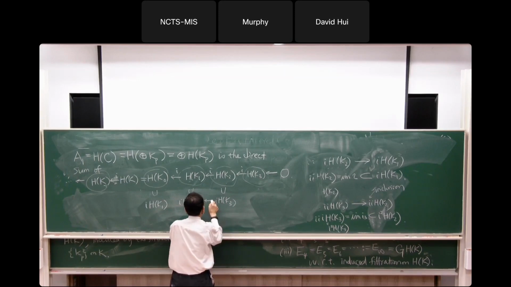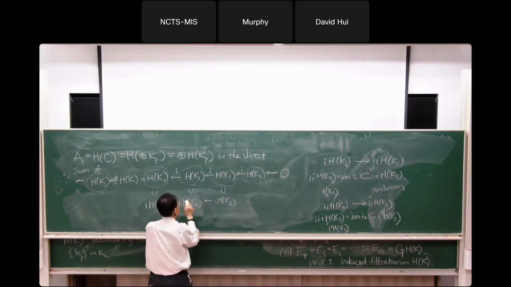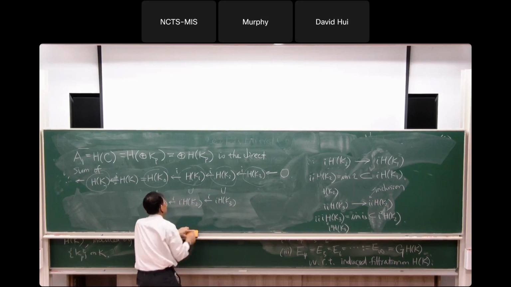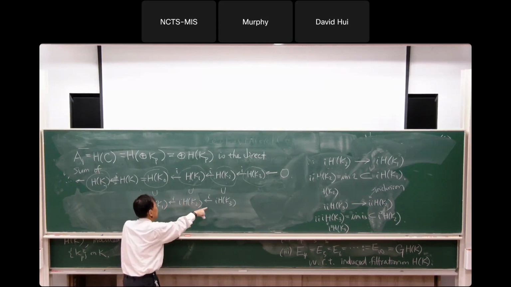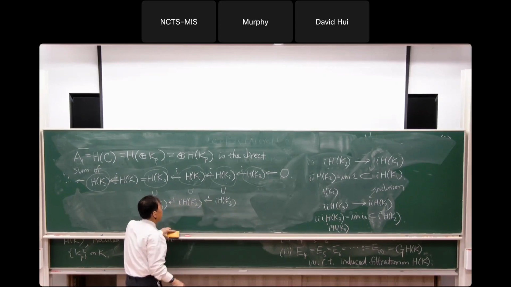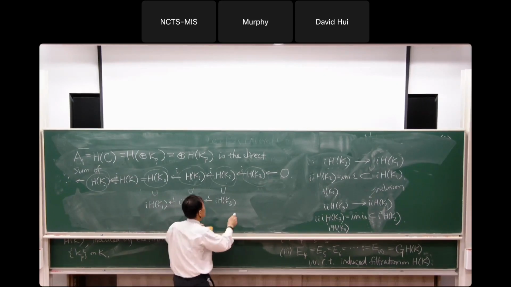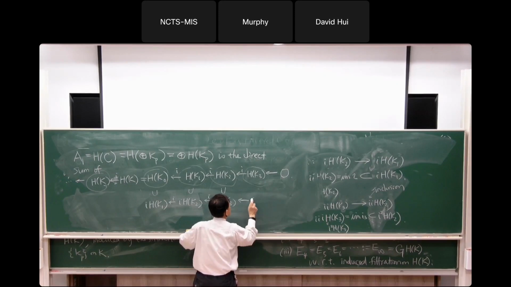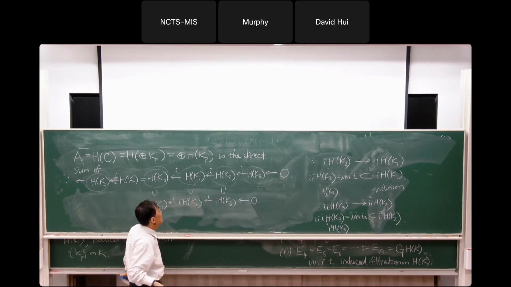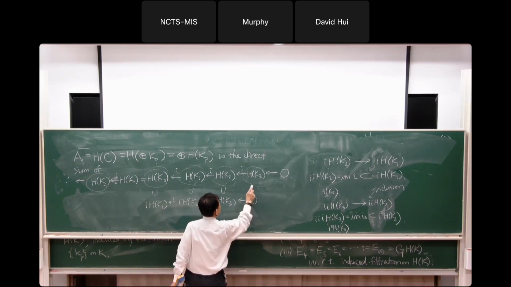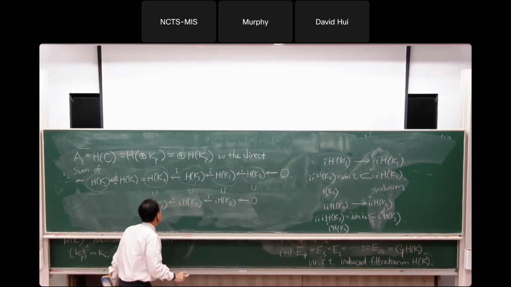And there is a map I2 here, but it's still I. And then this is followed by 0, which is a subgroup of that.